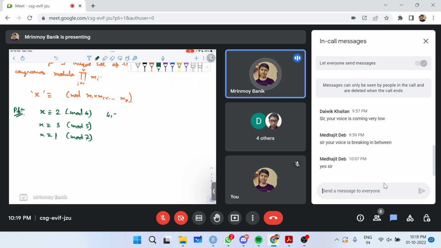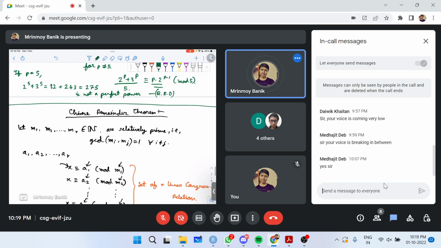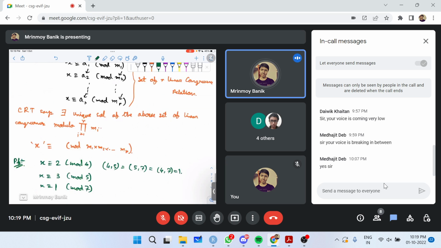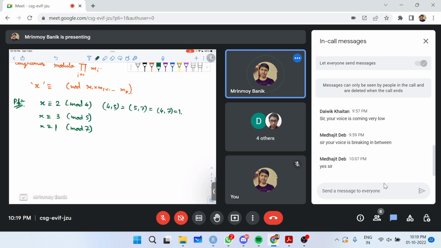First see that the GCD between 4 and 5 is the same as that between 5 and 7, which in turn is the same as that between 4 and 7, that is 1. So the set of conditions that we had are already satisfied. They are relatively prime. Now we can safely proceed to discovering what x is.